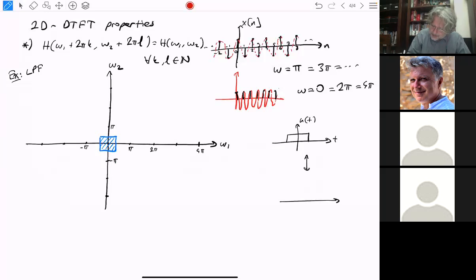So on the frequency axis, it will be the sinc shape like this. The wider this rectangle, the narrower the sinc, because they are inversely proportional in frequency and time. And the narrower the rectangular function, the wider the sinc becomes.